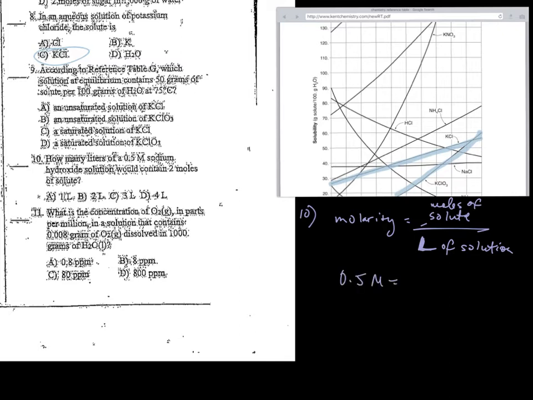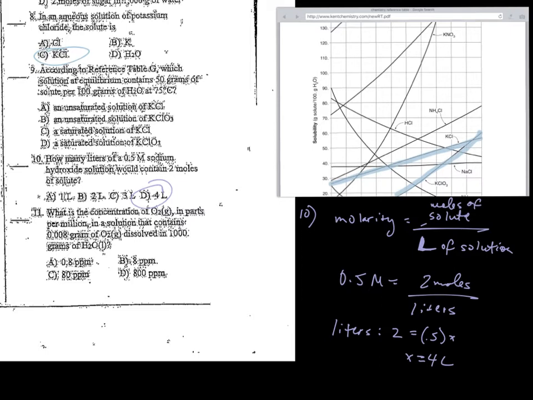We're looking for liters, so 2 moles on top, liters on the bottom. We do a proportion, so cross multiply. 2 equals 0.5x. 2 divided by 0.5, x is equal to 4 liters. That's our answer.